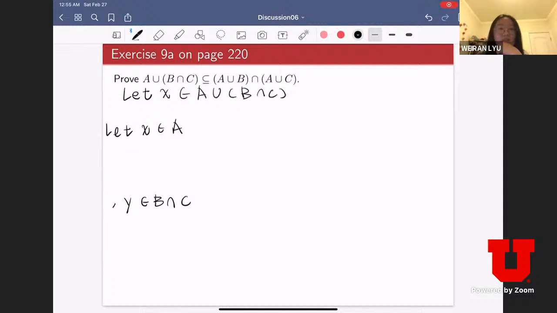Then you can use that as separate cases, where the first case is when X belongs to A, and the second case is X belongs to B and C. And then for each case would just be the logic you said, where you just want to use the definition of union or the definition of intersection.